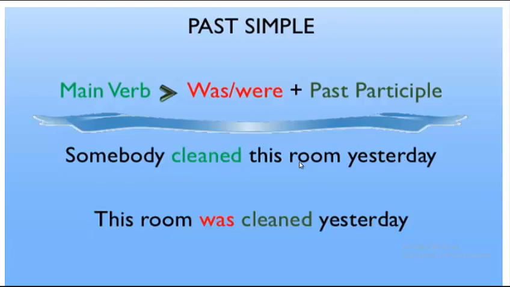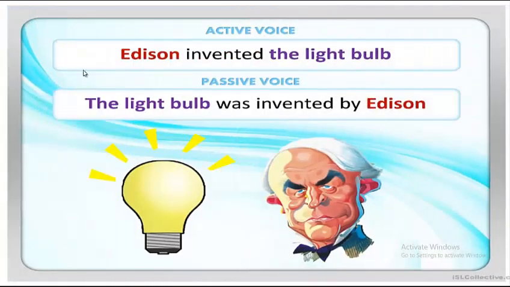We start with the object, this room, followed by verb to be was, then the past participle cleaned. Another example, Edison invented the light bulb. This is active. In passive, we start with the object, the light bulb was invented by Edison.